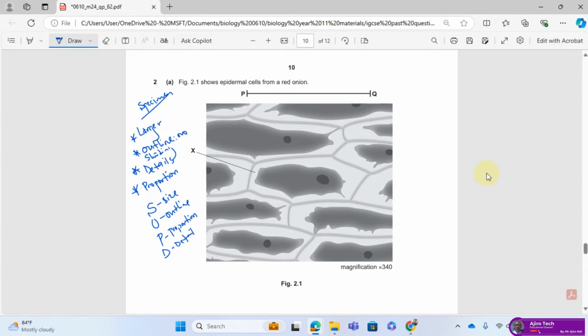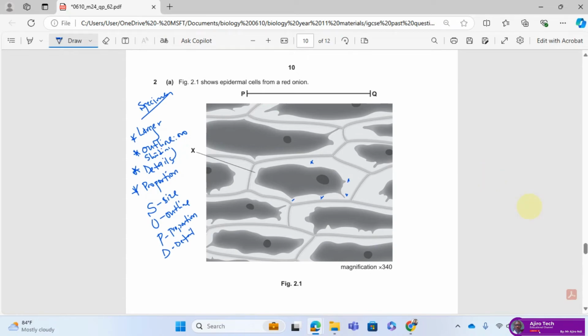So let's put this to work. Now we see cell X. Of course, this is an epidermal cell from an onion leaf, so it's a plant cell. What are the things we can take note of? We can see these projections here. You can see this furrow here and here, and also this depression here. So these are some of the things we should take note of when we are drawing.